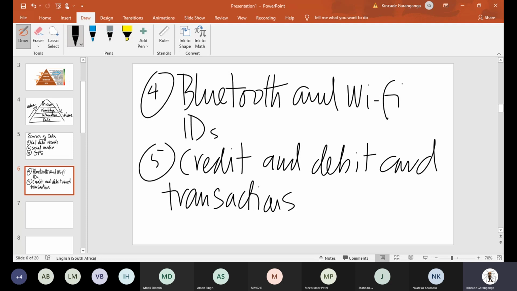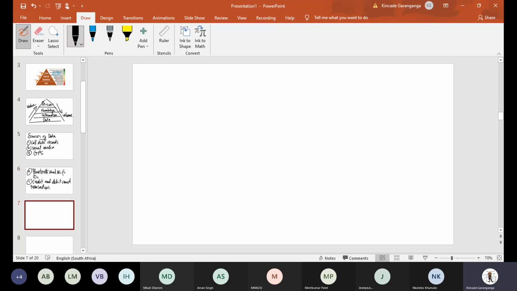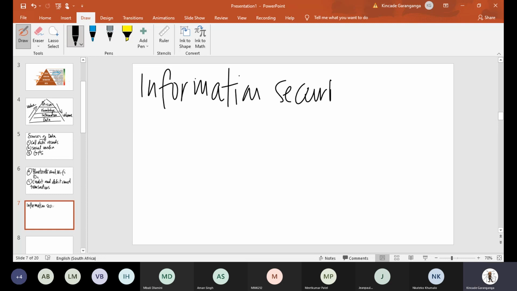All right. So if you want to look at it from a different point of view, right? We've just mentioned that with information security, you're looking at protective measures that need to be properly implemented. So if you want to look at, let's mention information security here, security. All right.